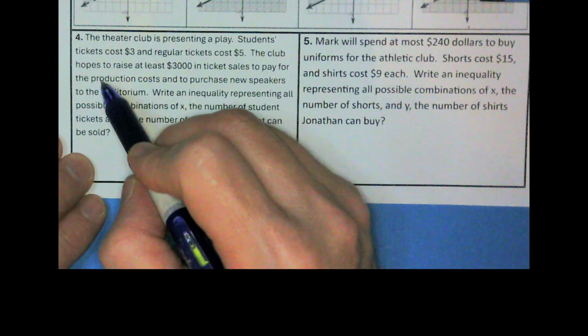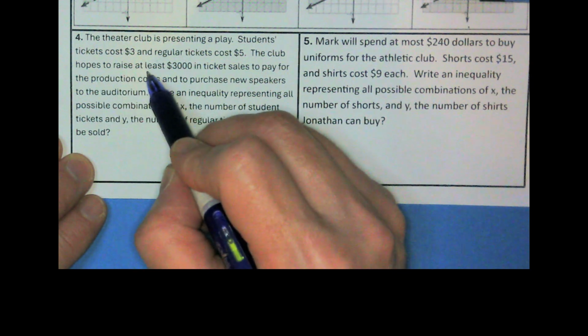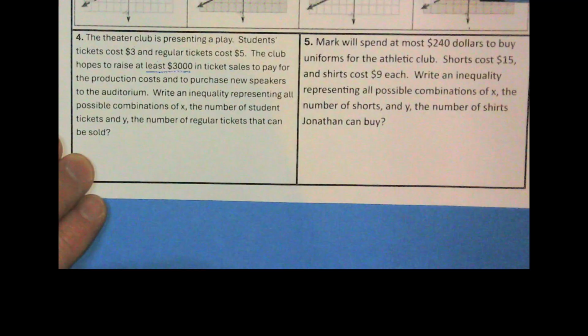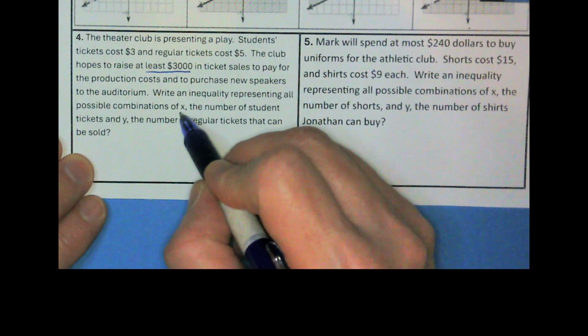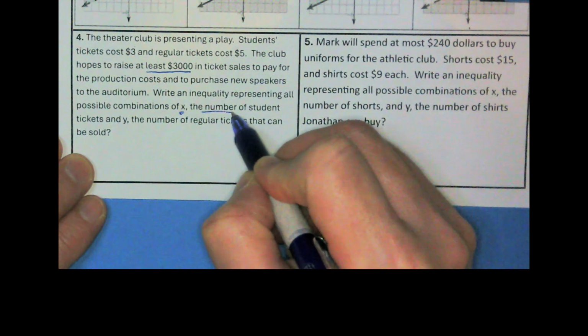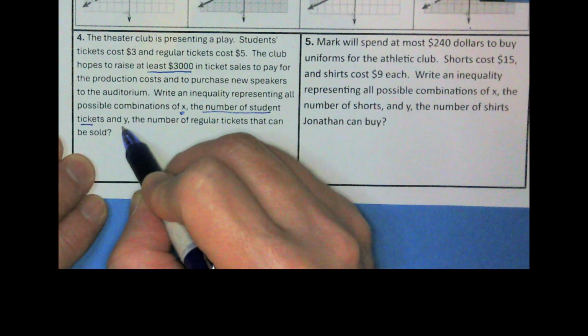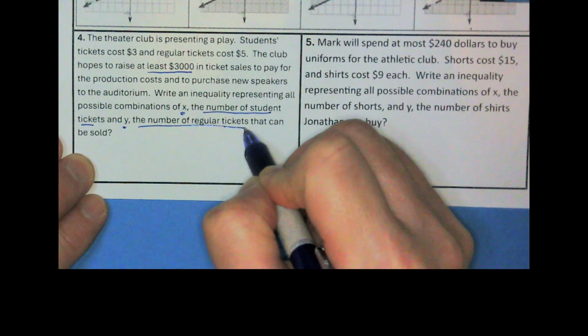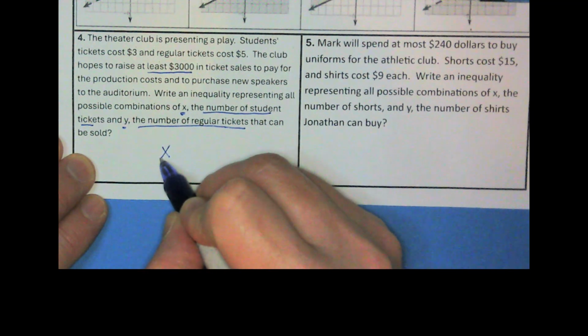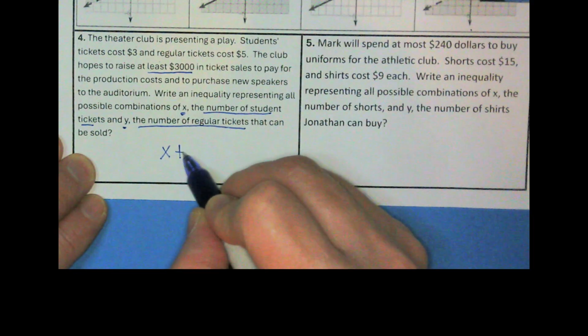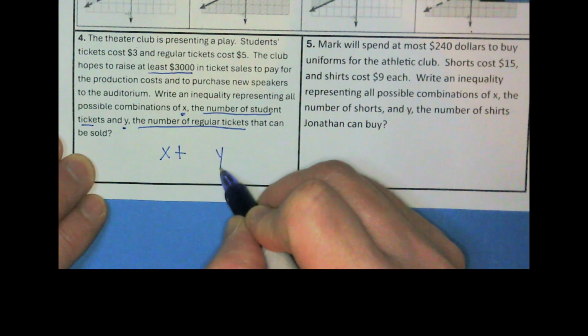The club hopes to raise at least $3,000 in ticket sales to pay for the production costs and to purchase new speakers for the auditorium. Write an inequality representing the possible combinations of x, the number of student tickets, and y, the number of regular tickets. So we know that there are two types of tickets, student tickets and regular tickets.